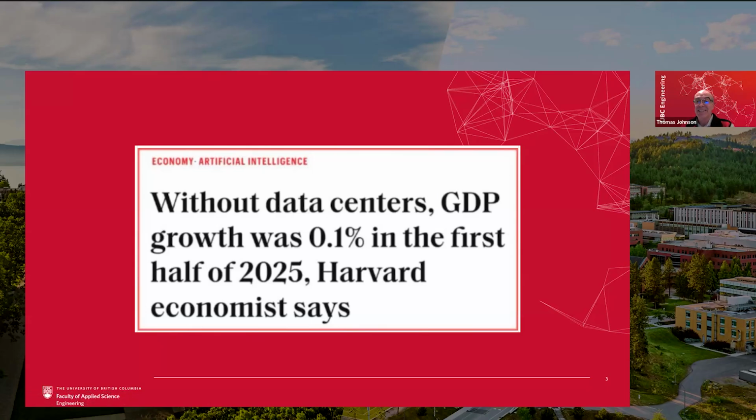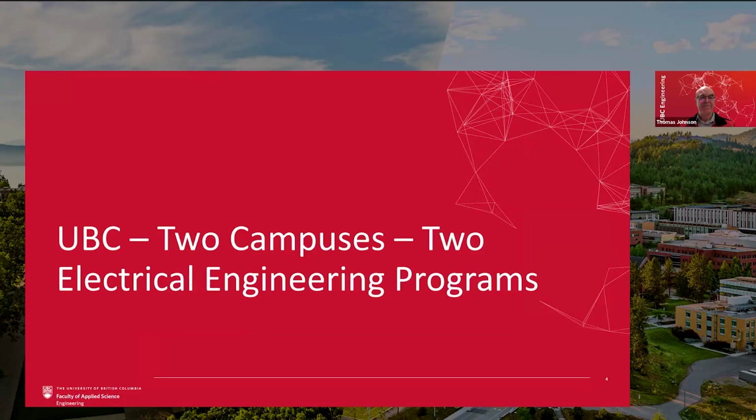So the converse of that is that the GDP of the United States is heavily dependent on the build out of data centers, and the data centers, AI, and a lot of the technology associated with that has really significantly contributed to the development of the economy. And so a lot of this is resting on electrical engineering training.